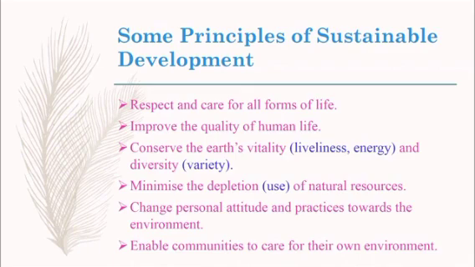Here vitality means liveliness or energy. Diversity means variety. So conserve the earth's vitality, which means liveliness or energy, and diversity, which means variety. Minimize the depletion of natural resources. Here depletion means use.